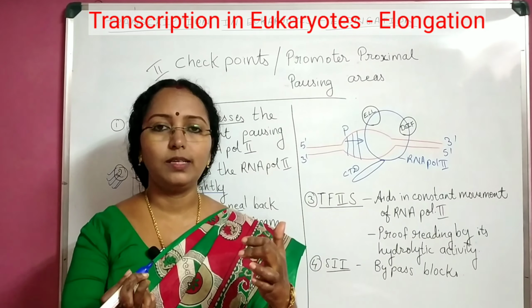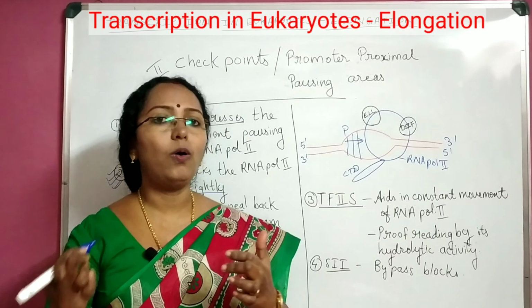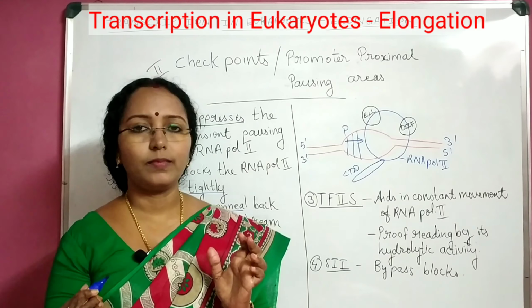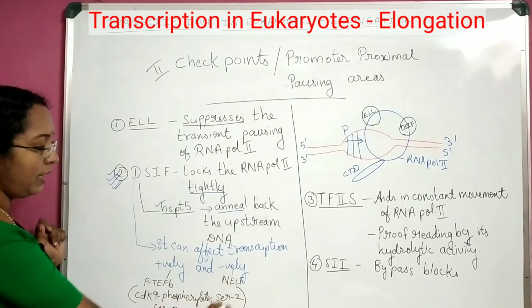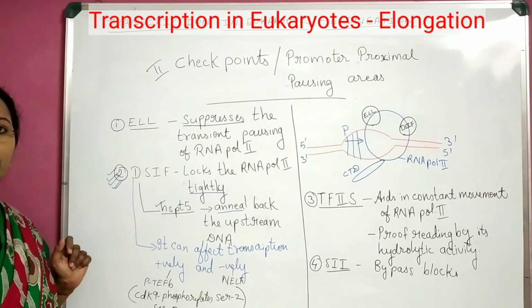Not only this, I told you DSIF is very, very important because it can affect transcription in two ways, either positively or negatively. Okay, how negatively? If NELF, I hope you remember this NELF, comes and attaches to DSIF, see here it is DSIF, and imagine here I am drawing one NELF.